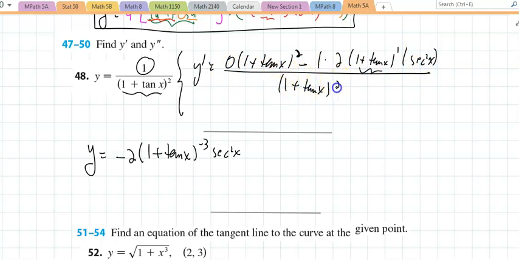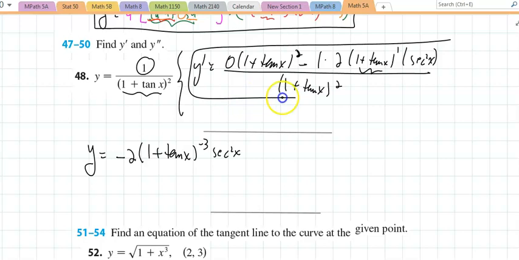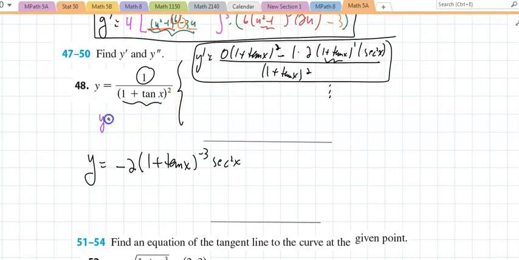Now remember, you can be cleaning this up on the homework. Or, can't I rewrite this? Oh, never mind. I put the or in the wrong place. Or I could write y equal, if I move this up, isn't that 1 plus tan of x to the negative 2?